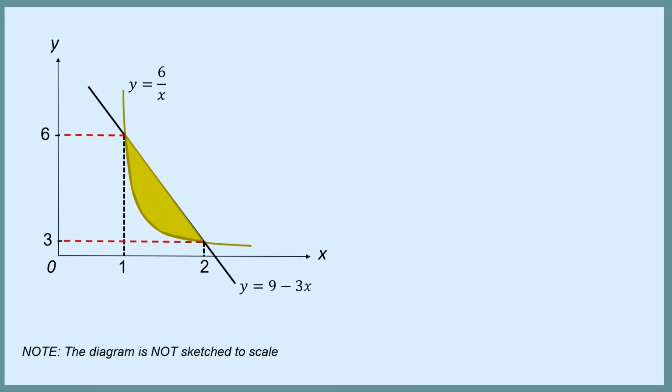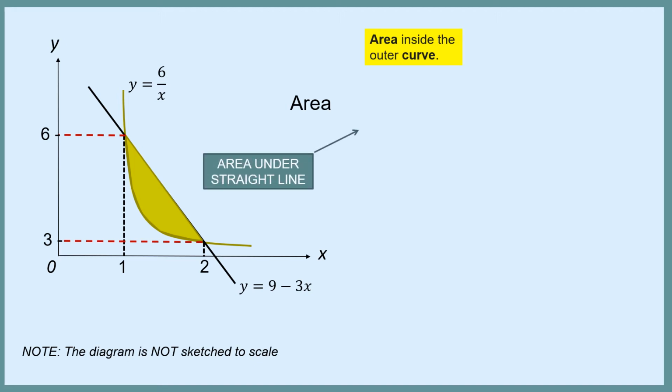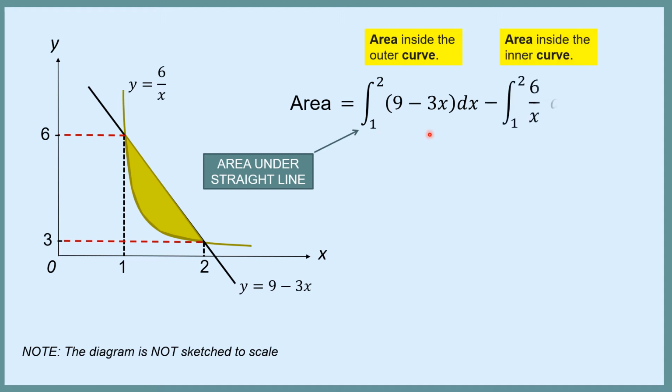We can also integrate the function 9 minus 3x to find the area inside the outer curve. Thus, the area of the shaded region is the area under the straight line, which is the integral of the function 9 minus 3x from x equals 1 to x equals 2, minus the area inside the inner curve, which is the integral of the function 6 over x from x equals 1 to x equals 2.